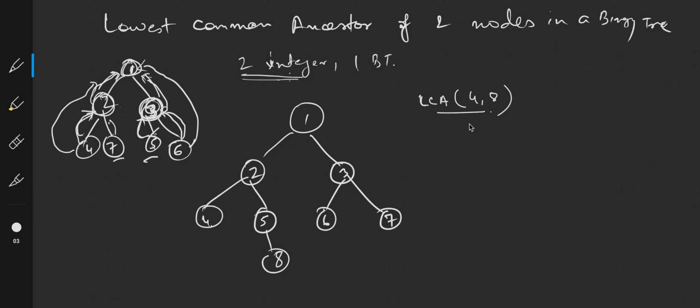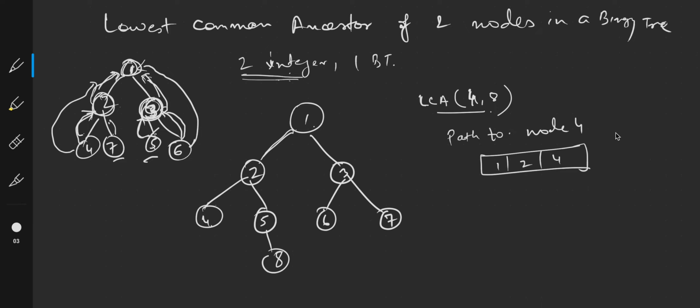So the brute force solution would be that we will find the path from root to 4. We can do that. We can find the path from root to node 4. What is the path? Path to node 4 is 1, 2, 4.